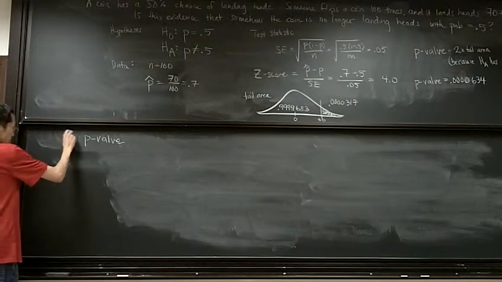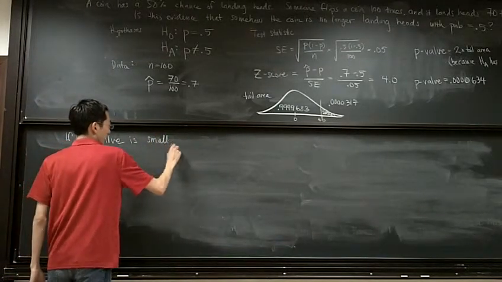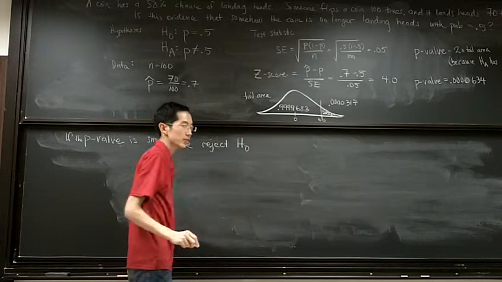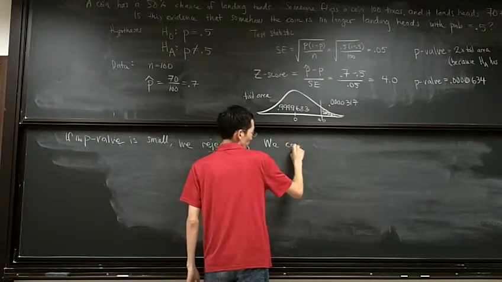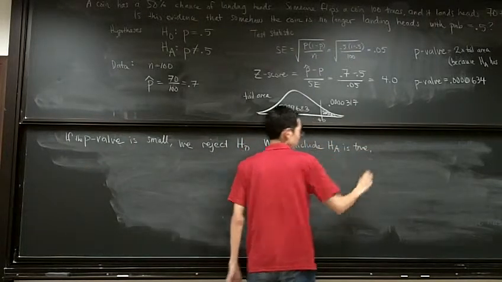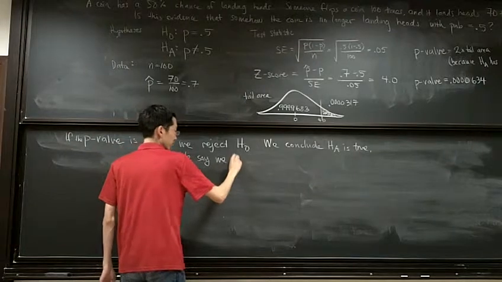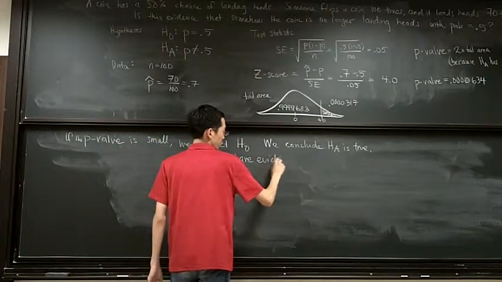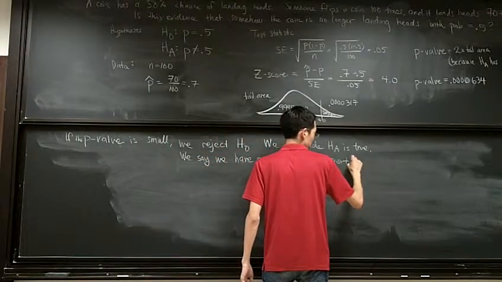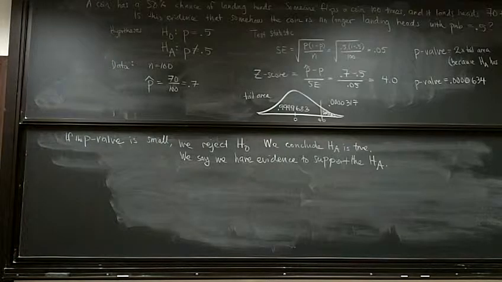So if the p-value is small, we reject the null hypothesis, and we conclude the alternative is true, and we say we have evidence to support the alternative. Okay, HA being the alternative hypothesis.